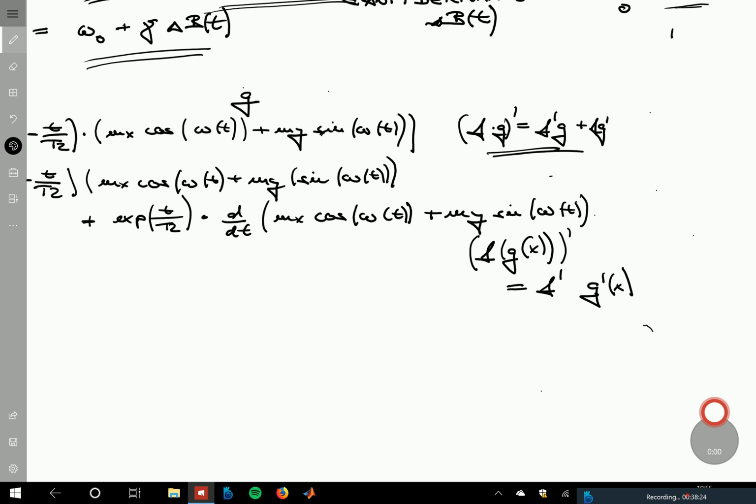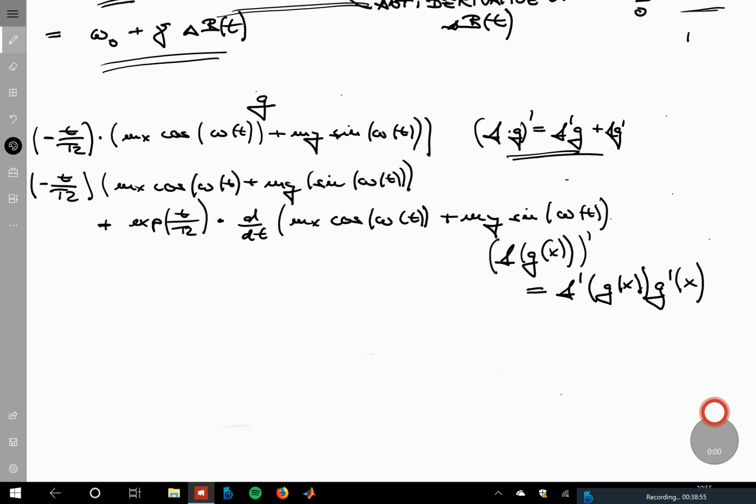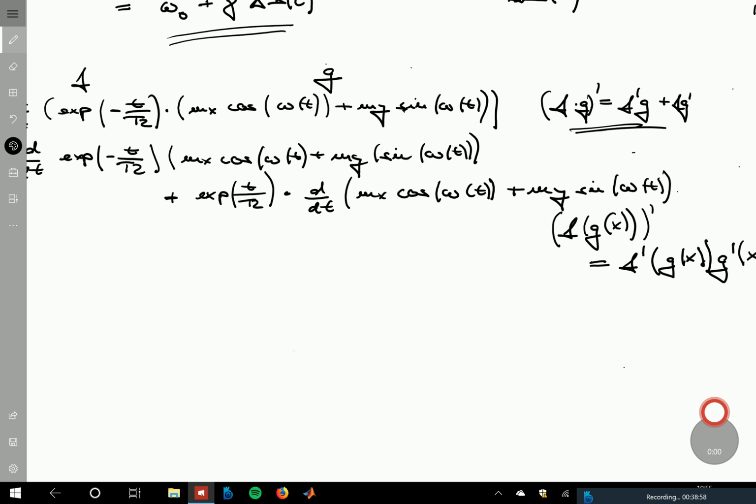But it's not times. So it's the derivative of f at the location of gx. That's how I hammered it into my brain. So it's derivative of f, and you put in the function gx, so at the location of gx, times the derivative of g. Yeah? And that's always helpful if you have the exponential.